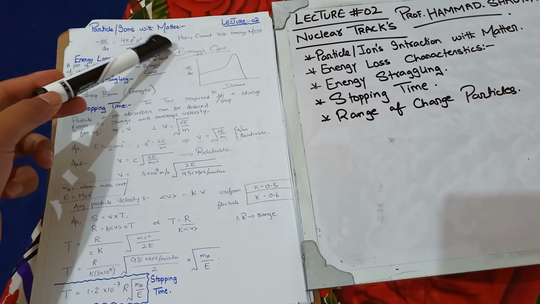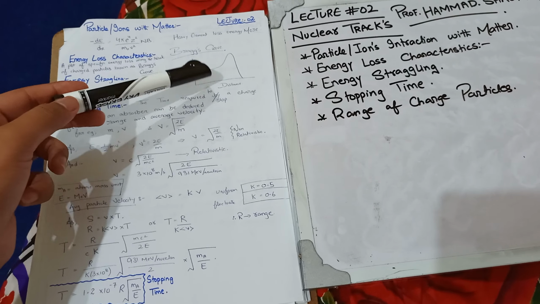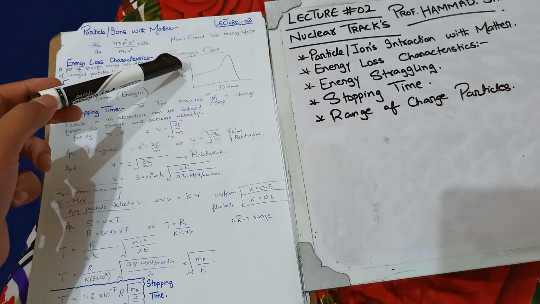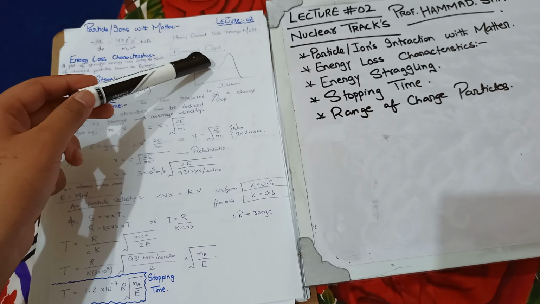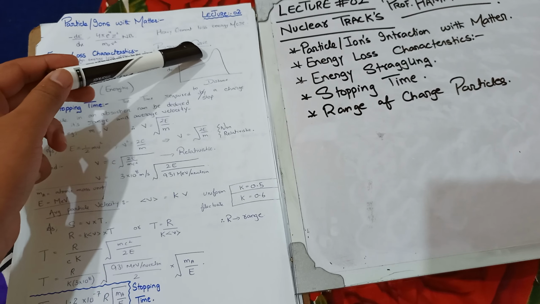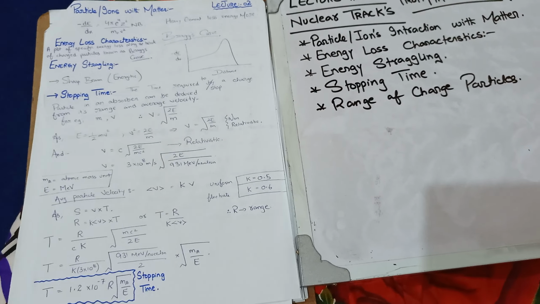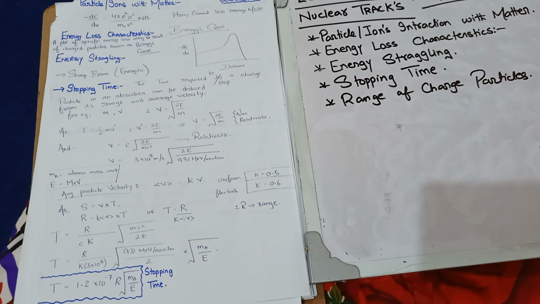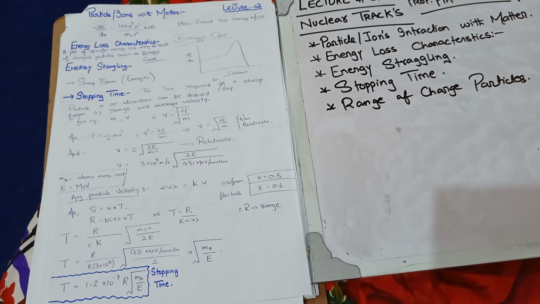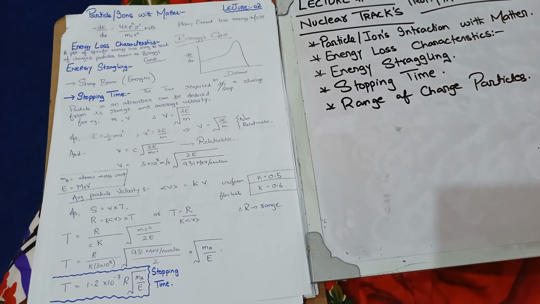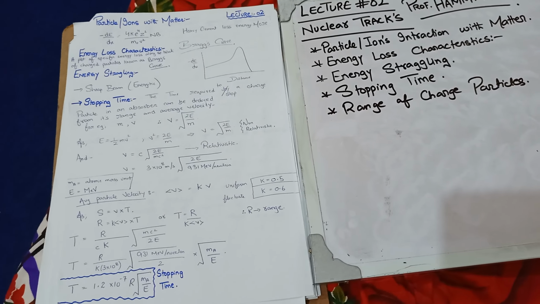Here you can see on the y-axis the energy loss, which is the stopping power, and on the x-axis the distance. In the initial state, when the particle interacts with some matter, the line is uniform, because the particle initially has high velocity, and after some time the velocity gradually decreases.